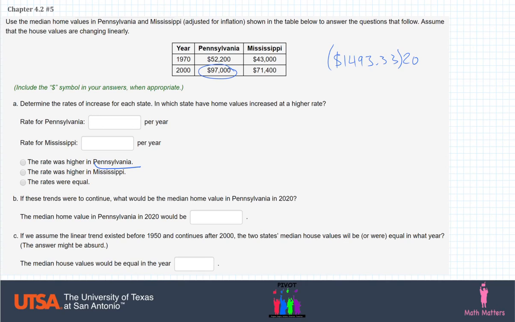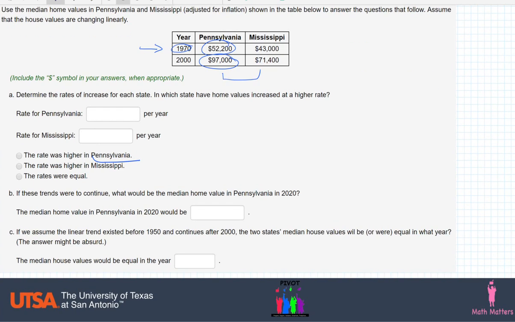So 20 years from 2000 is just 2020. So that'd be plus $97,000. And that equals $121,886.67.